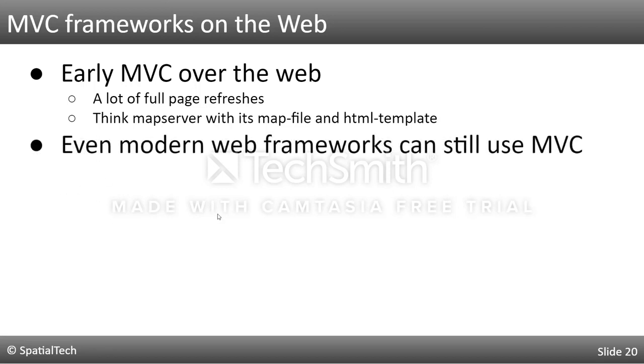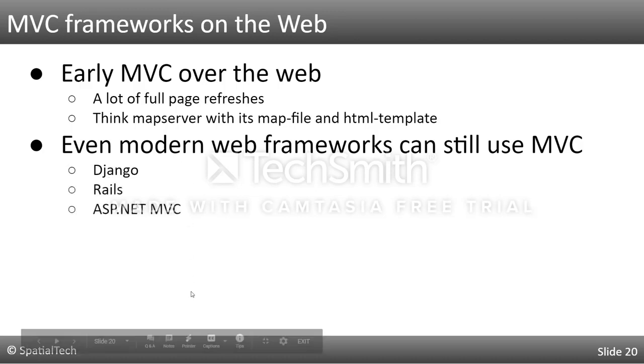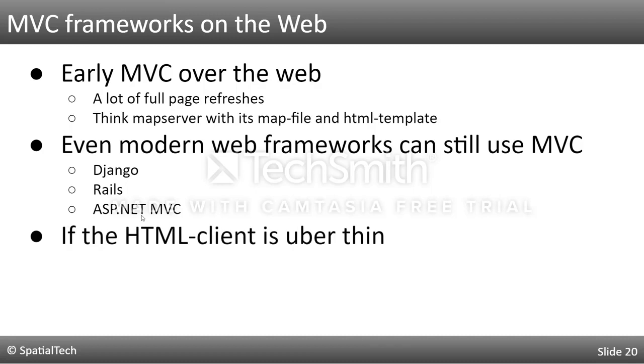Even some modern web frameworks still use the model view controller concept. Django has it, right? Rails has it. It doesn't mean they don't have other ways of doing it, but it's still there. ASP.NET had it for a while as well.